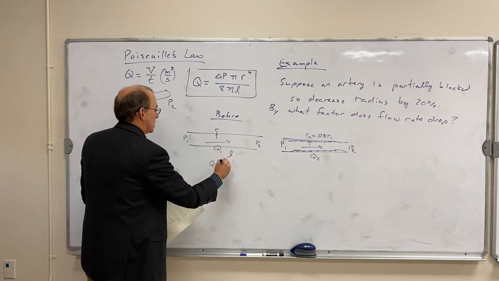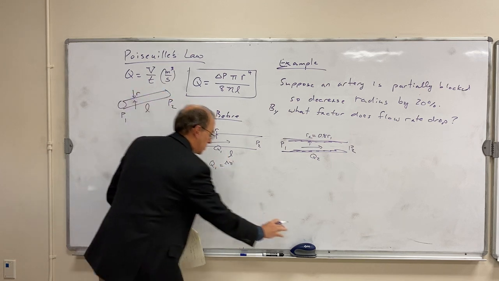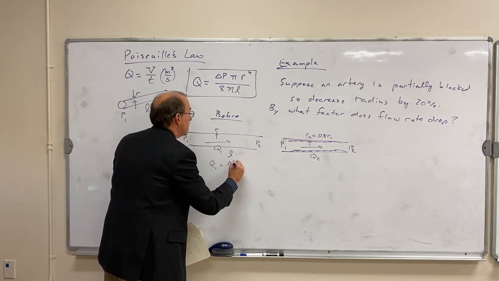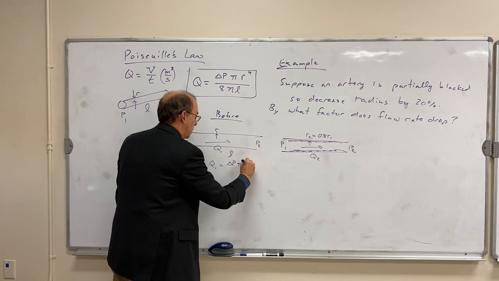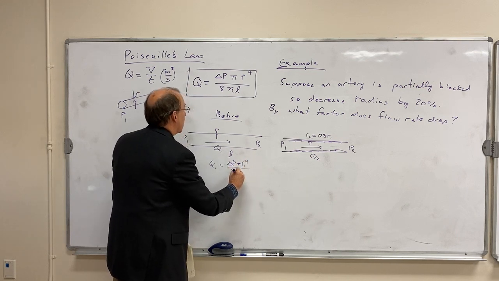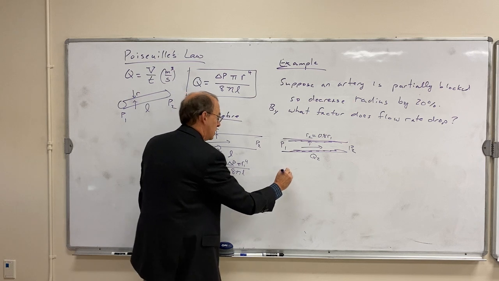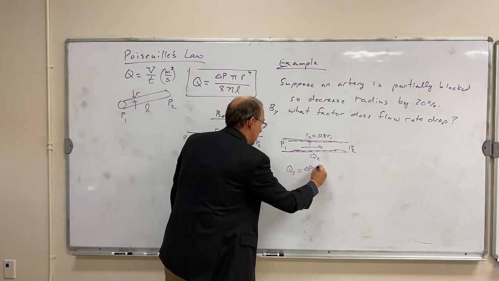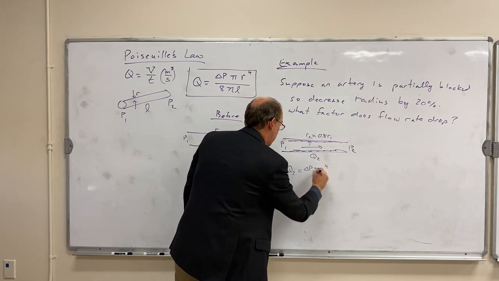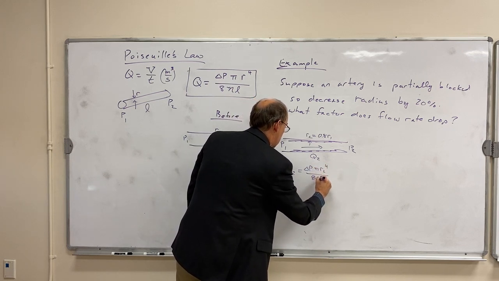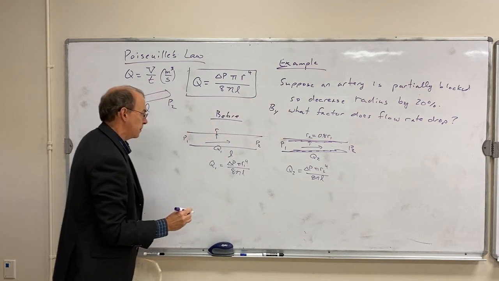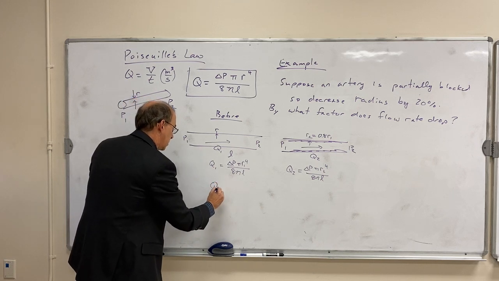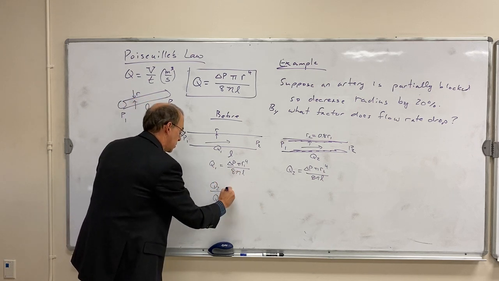Q1 is delta P pi R1 to the fourth over 8 eta L. Q2 is delta P pi R2 to the fourth over 8 eta L. So Q2 over Q1 is the ratio of these.